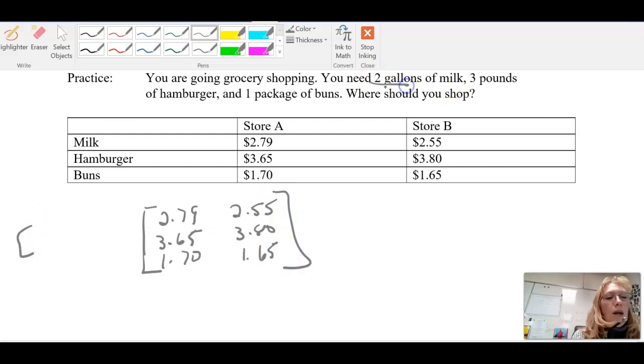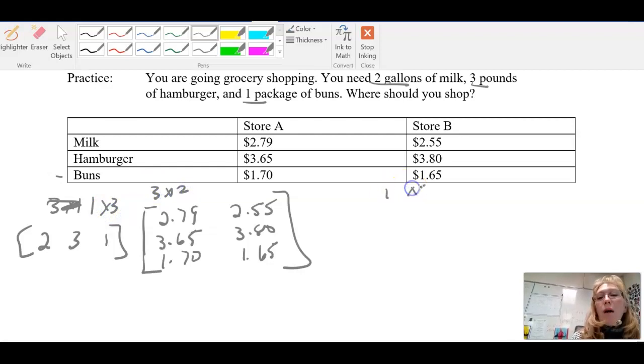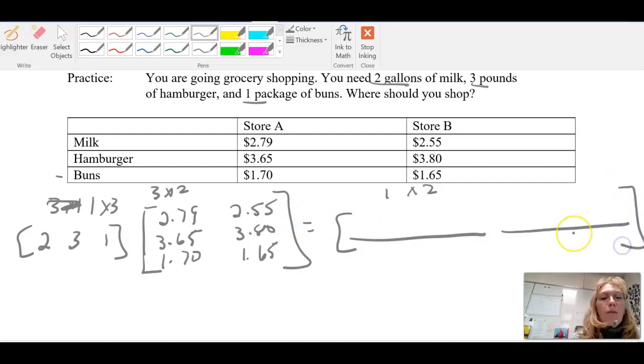I need 2 gallons of milk, because that's the first one, 3 pounds of hamburger because that's second, and 1 package of hamburger buns. I got a 1 by 3 and a 3 by 2, which means I'm going to end up with a 1 by 2. Make sure we give ourselves enough room this time.